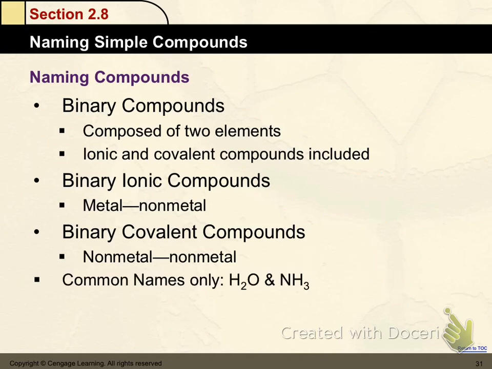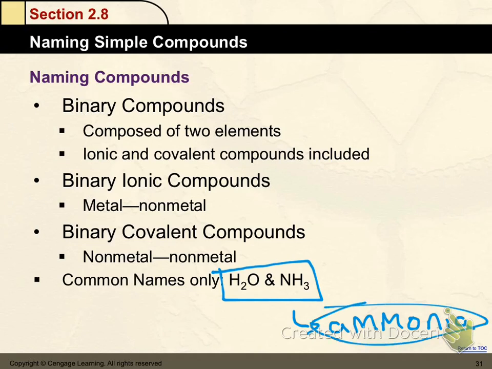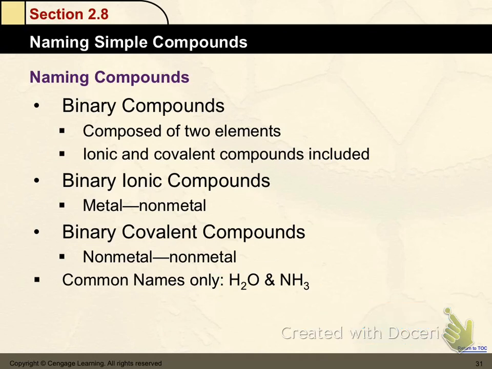Again, we'll do some demos in class to really harp on covalent and ionic. There are a couple of compounds in AP chemistry you'll have to recognize by common names only. These are 2 of the big ones. Water we know, but NH3 is known as ammonia. You'll really have to commit that to memory, because you'll see it so often, especially when we get to acids and bases and redox chemistry.